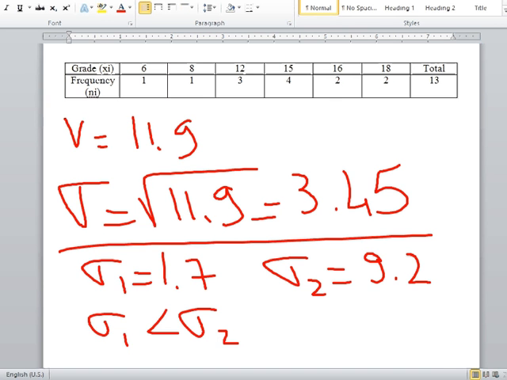This means that in this series where sigma 1 is smaller, the values or the data are not too much spread out around the mean value. It means that we don't have much variability in the series, so it's more regular than the second one. Okay.